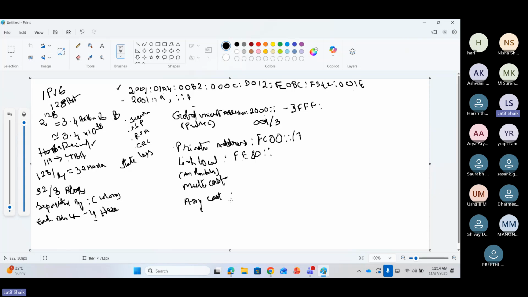But if a device connected in your network has only IPv4 enabled and IPv6 is not enabled, that device won't get any packets. That is Anycast.